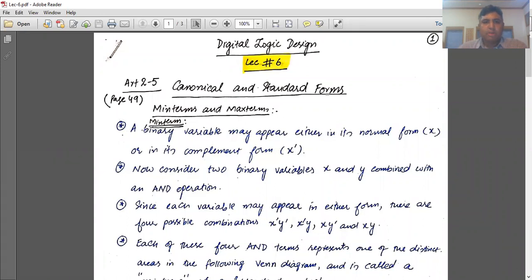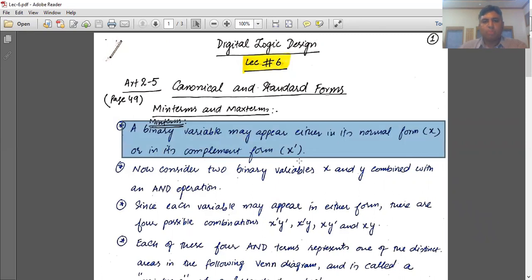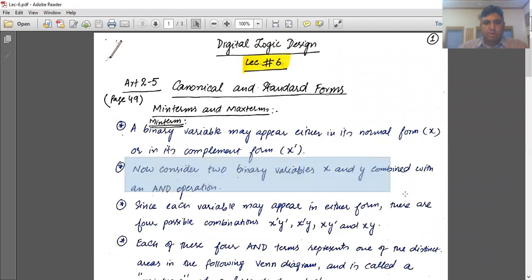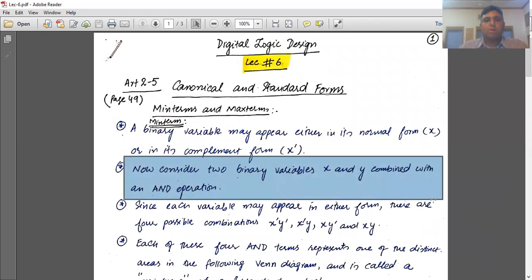A binary variable may appear either in its normal form x or in its complement form x bar. So a binary variable can either be x in its normal form or its complement form x bar. Now consider two binary variables x and y combined with an AND operation.